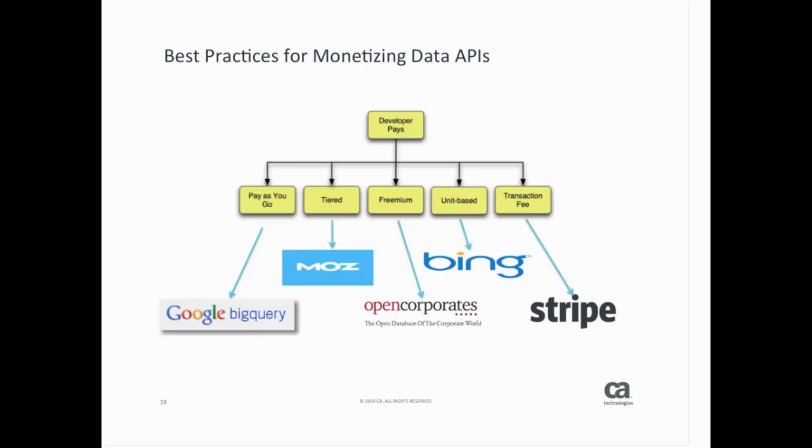Moz has a different model, a tiered model, and this is something we see very, very commonly. There's a paywall that's put in place. You get free usage. In this case for Moz, you get free usage by looking up SEO information about billions of URLs for free. So if you're running small, infrequent queries with small data sets, just looking up a few URLs, that's completely free.